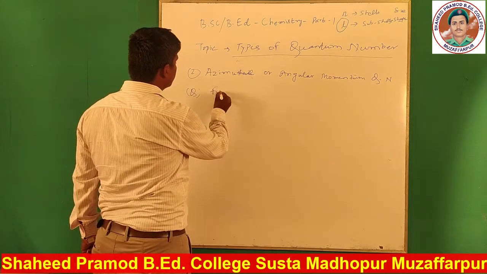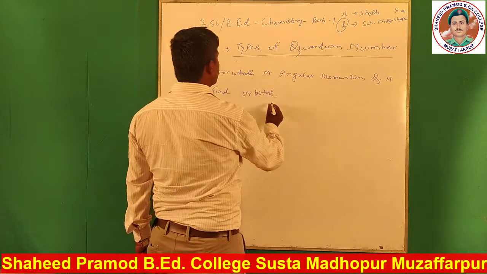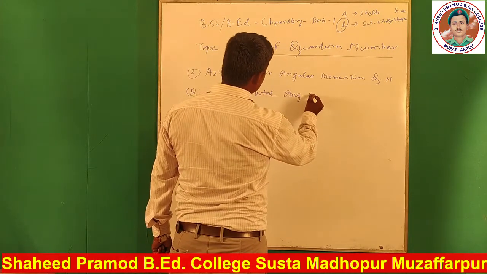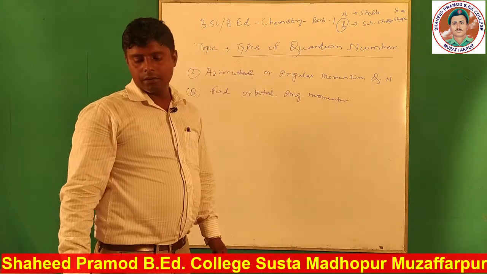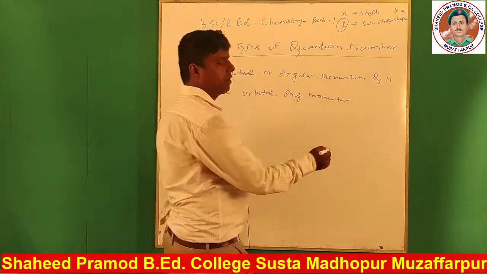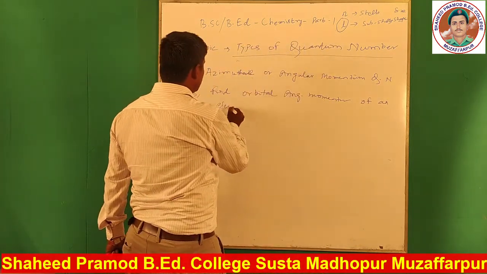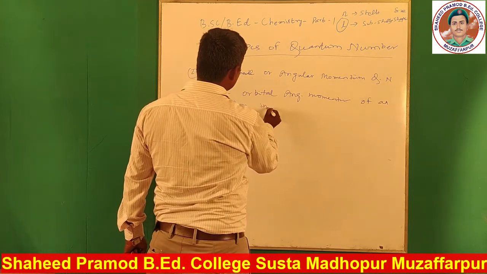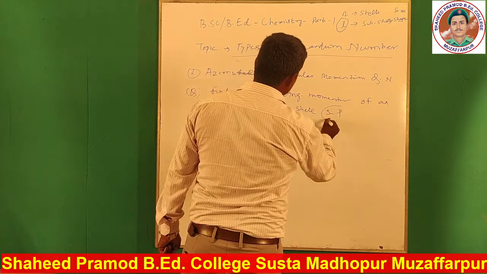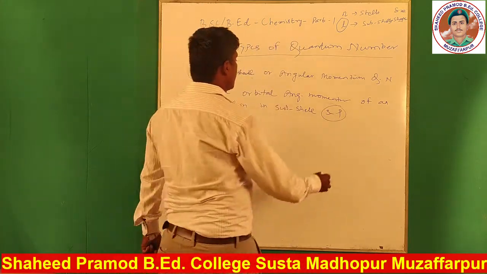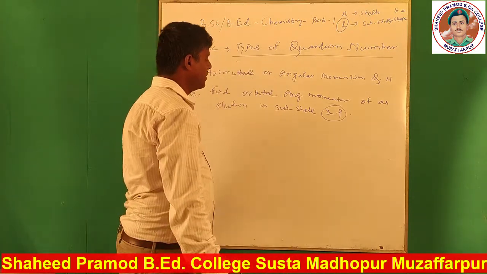Find the orbital angular momentum of an electron in subshell 3p.